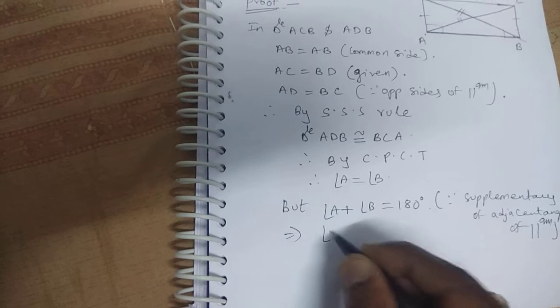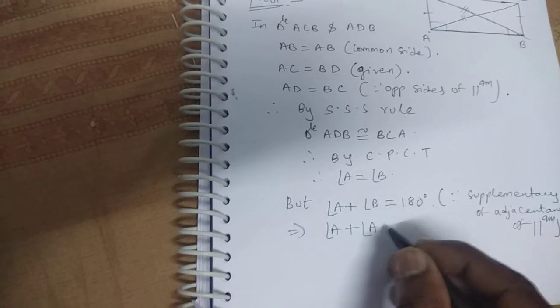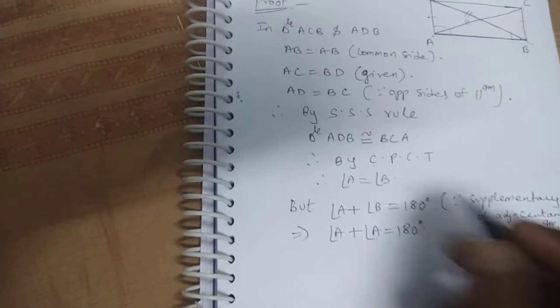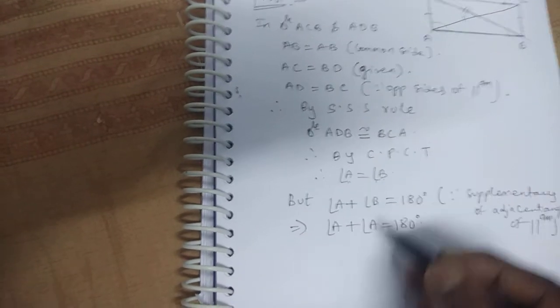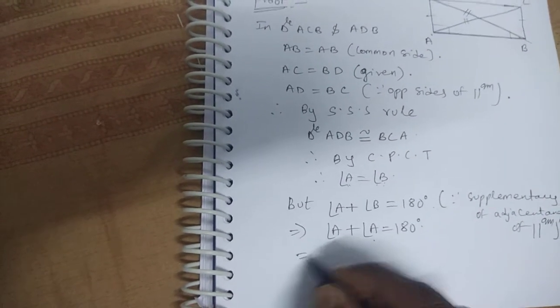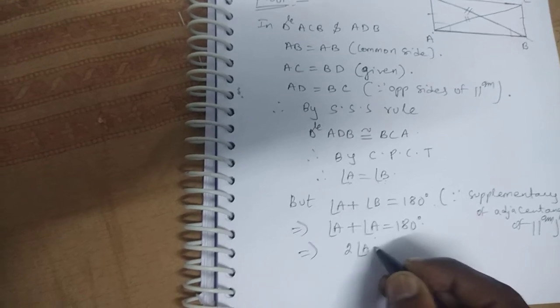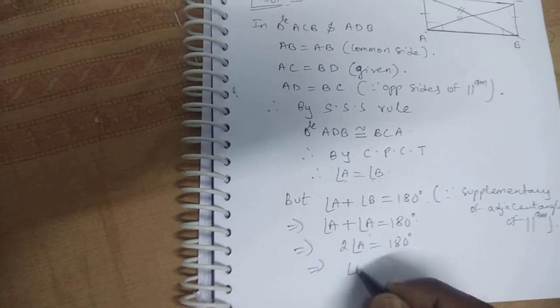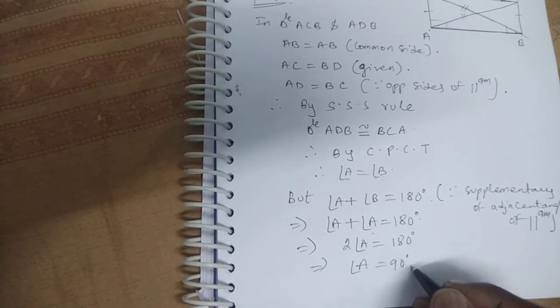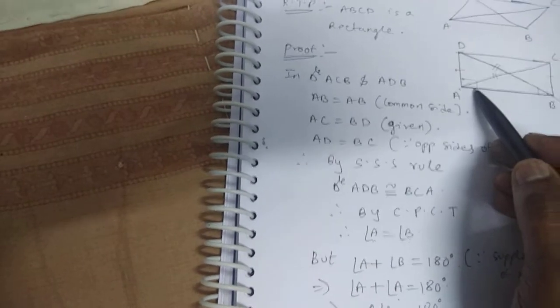That implies angle A plus angle A is equal to 180 degrees, because angle A and angle B are equal, so in place of B I can replace with angle A. So 2 angle A is equal to 180 degrees, so angle A is equal to 90 degrees. One angle you got is 90 degrees.